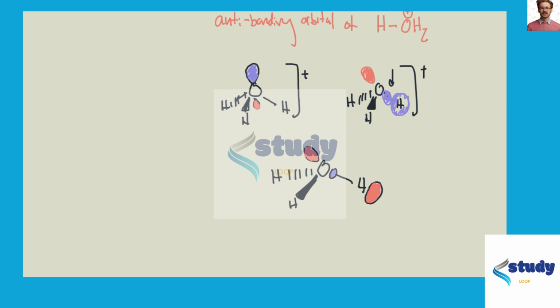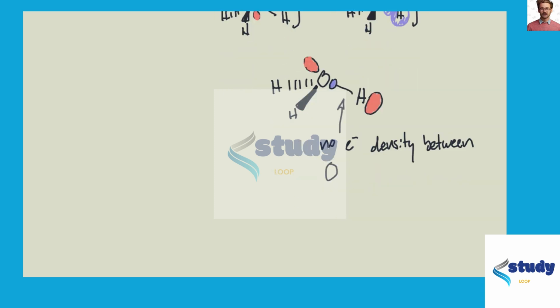and what you'll notice is that there's no electron density, or very little electron density, between oxygen and hydrogen, which is how we know this is antibonding.